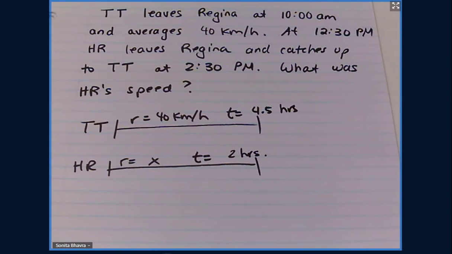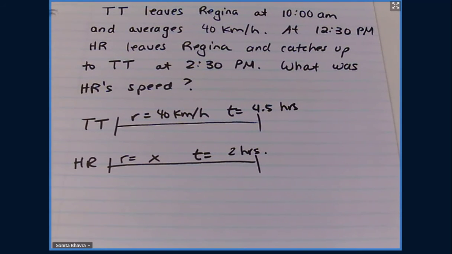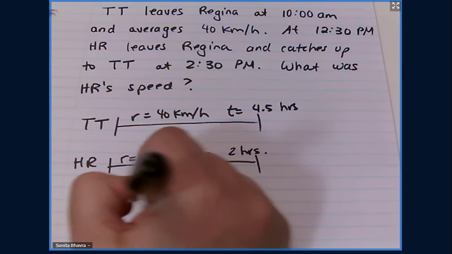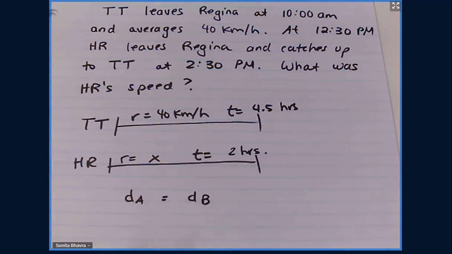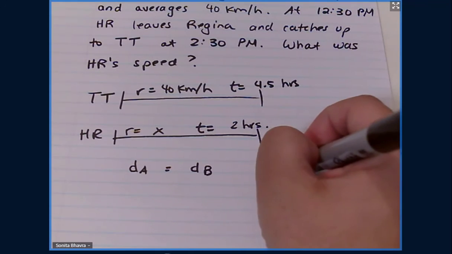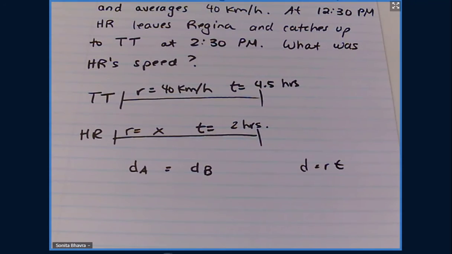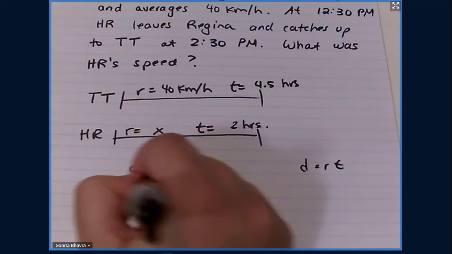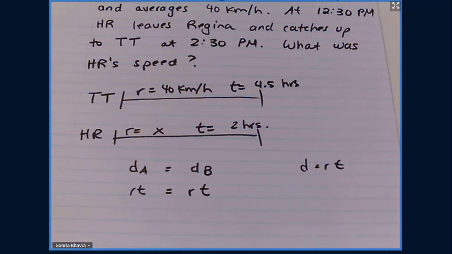All right, and so in this question, distance of A is equal to distance of B. And just remember again that distance is equal to rate multiplied by time. So RT is equal to RT.